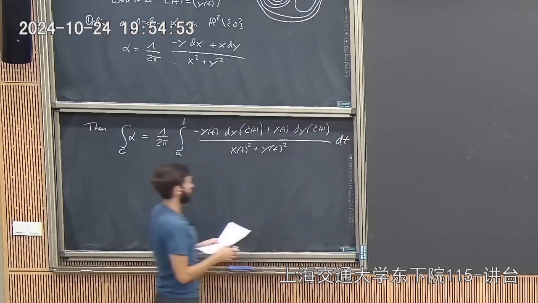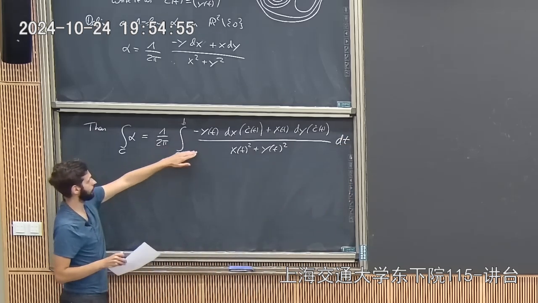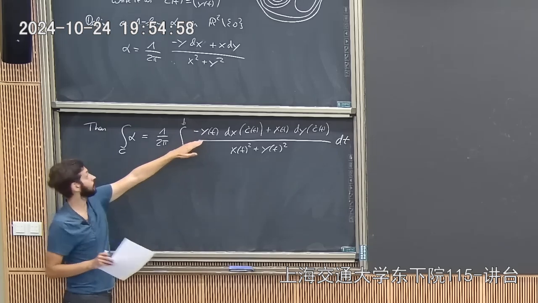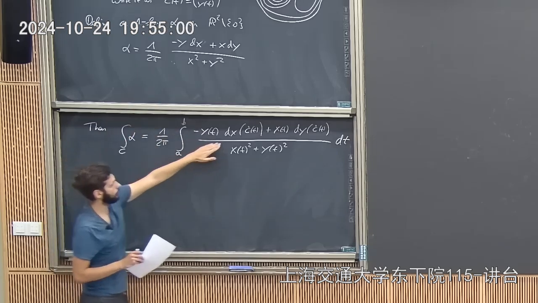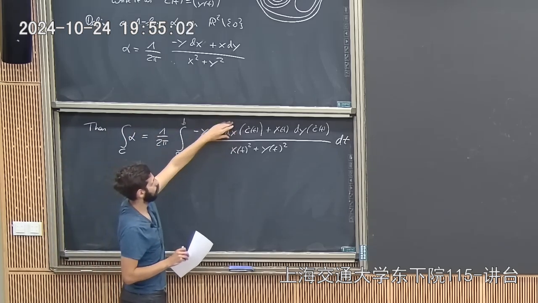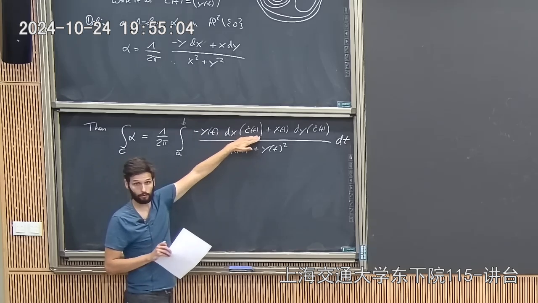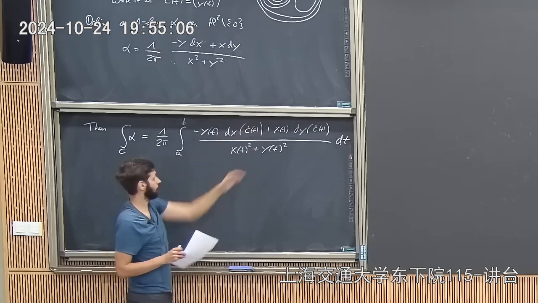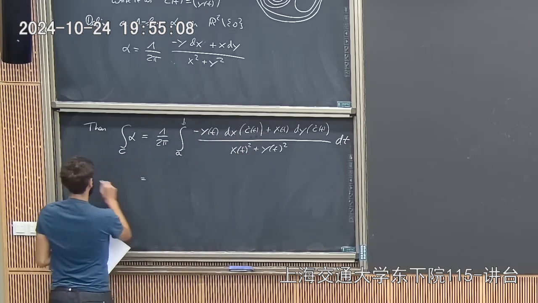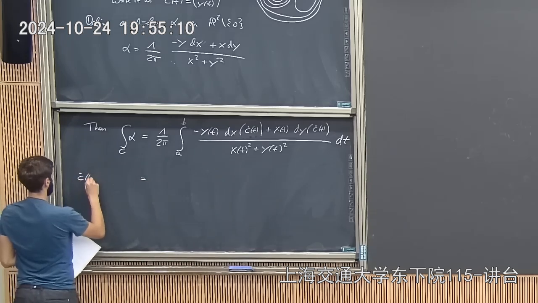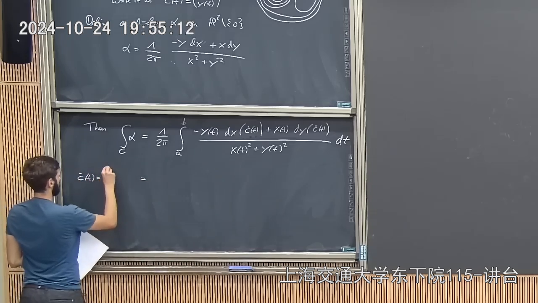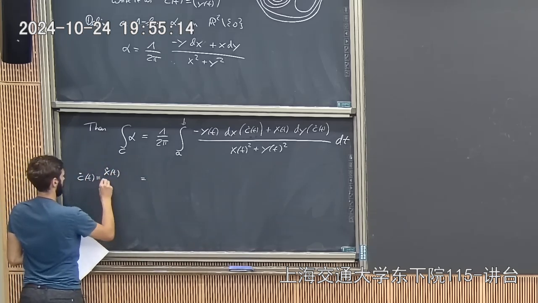We have to integrate it. At that point I didn't do much, I just inserted y of t for the function y, and then we have to evaluate the one form dx on the tangent vector c dot of t. Of course, c dot of t just has the components x dot of t and y dot of t.